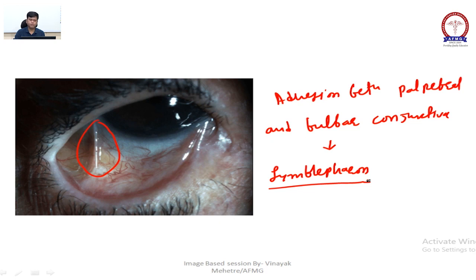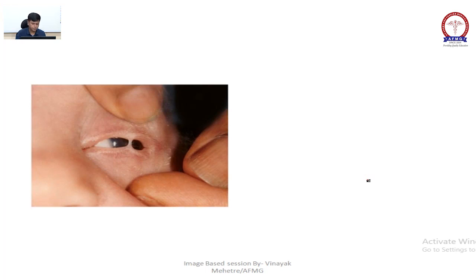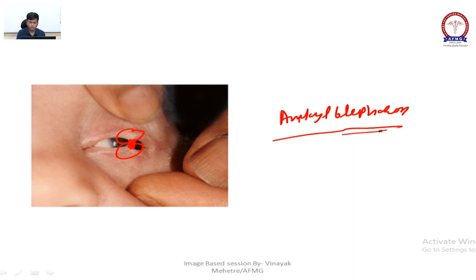Adhesion between palpebral and bulbar conjunctiva. Now, this is adhesion between upper and lower lid, right? It is called ankyloblephron, adhesion between upper and lower lid margin.